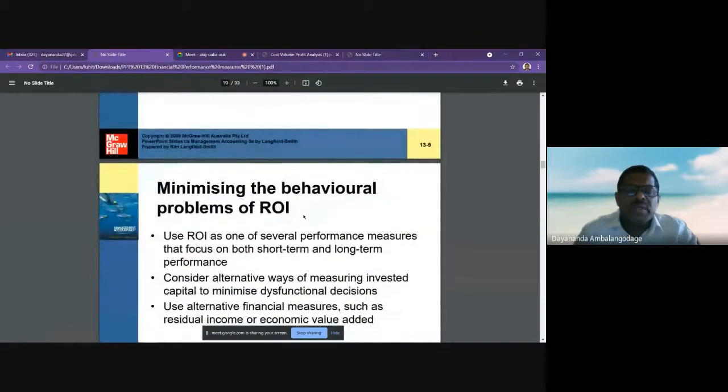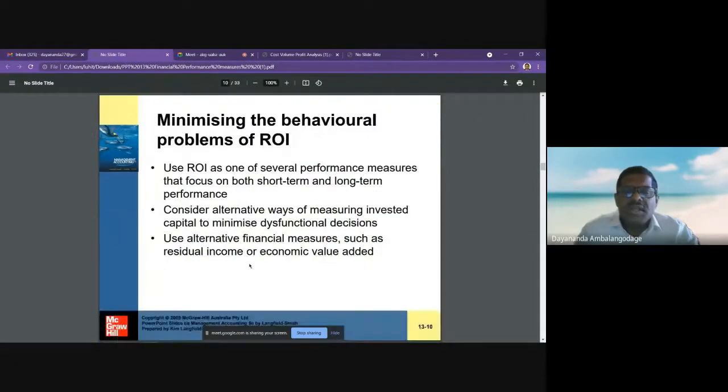So what we can do is use ROI as one of several performance measures, focusing on both short-term and long-term. Consider alternative ways of measuring invested capital to minimize dysfunctional decisions. Use alternative financial measures such as residual income and economic value.